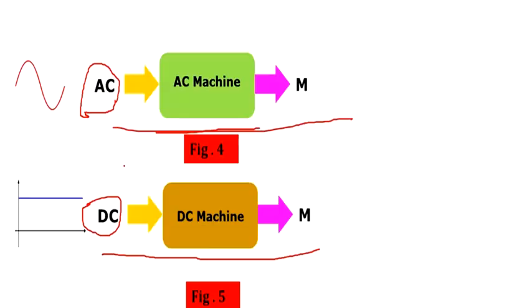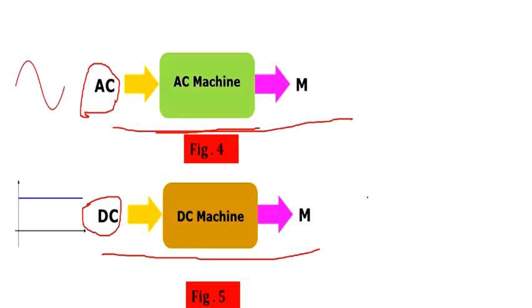So machines will be AC and DC, based on the nature of supply generated or the nature of supply given. If it is a motor, we are giving the supply, and that can be AC or DC. If it is AC, it is an AC motor. If it is DC, then it is a DC motor.